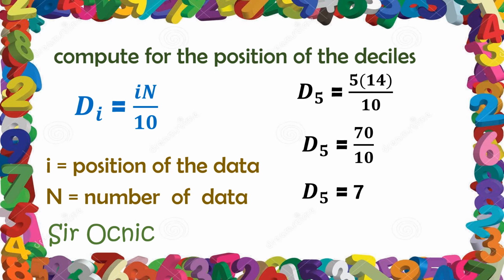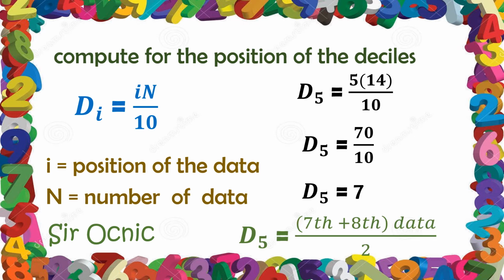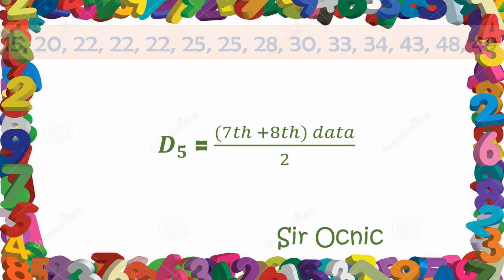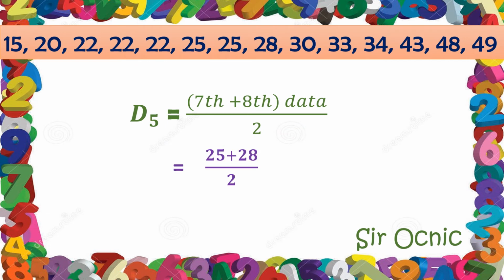Since the quotient is a whole number, that means that the fifth decile is the average between the 7th and 8th data. To solve for the fifth decile, that is equal to 25 plus 28 all over 2, which is equal to 26.5.